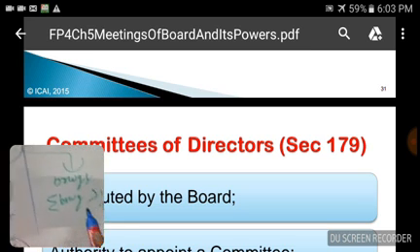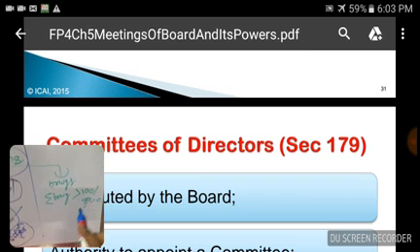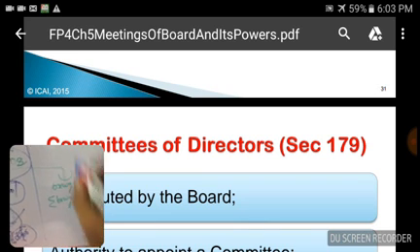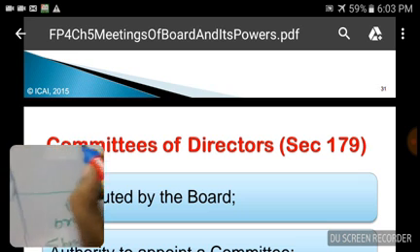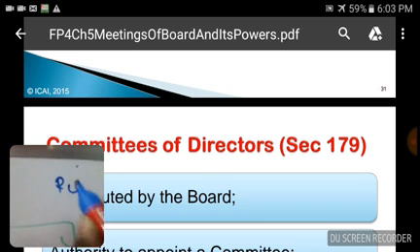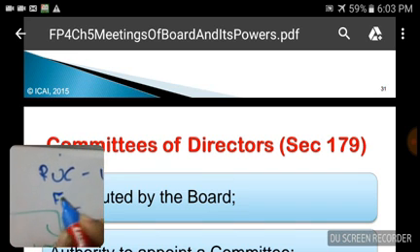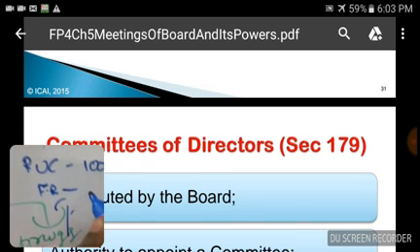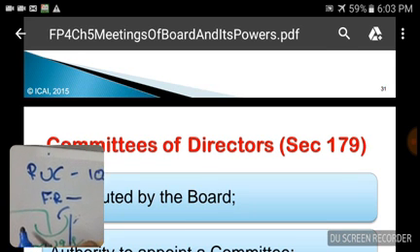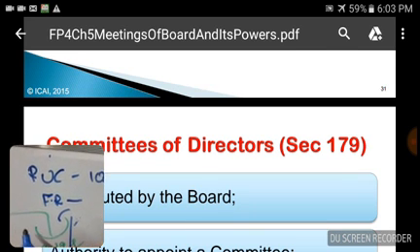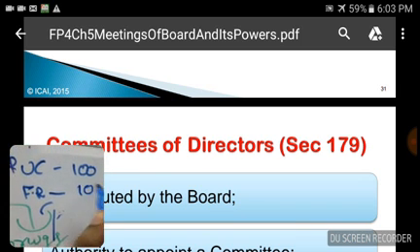And remit or give time for the repayment of any debt due by a director. Loans can't be given to the director as per the provisions of the act, but a debt can be given. That is the difference between loan and debt. Loan means without any consideration, we are just giving a loan or a guarantee or a security to the director. Debt means it is in the general nature of the business of the company.